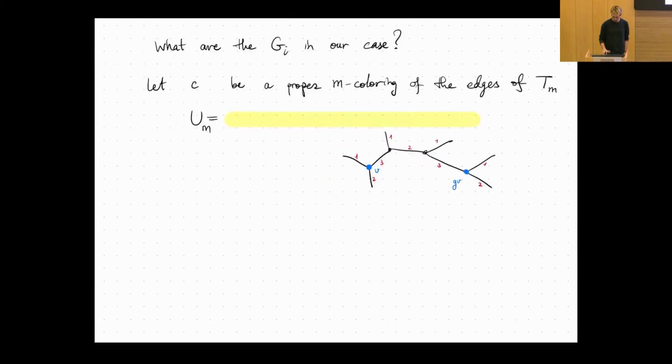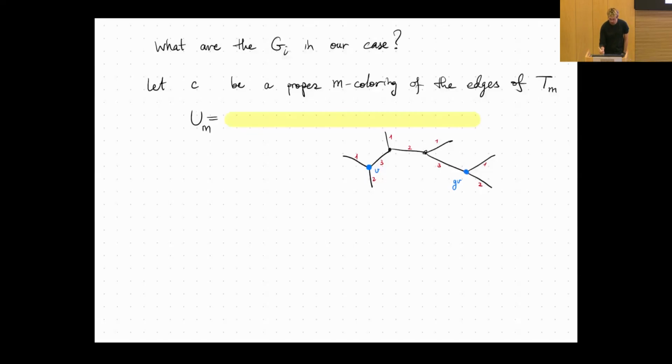So Burger and Mozes solved this problem by introducing a subgroup of Aut(T_M) called the universal group on Alt(M). They define it more generally, but let's give one instance that's relevant for us. Take a proper M-coloring of the edges of T_M.